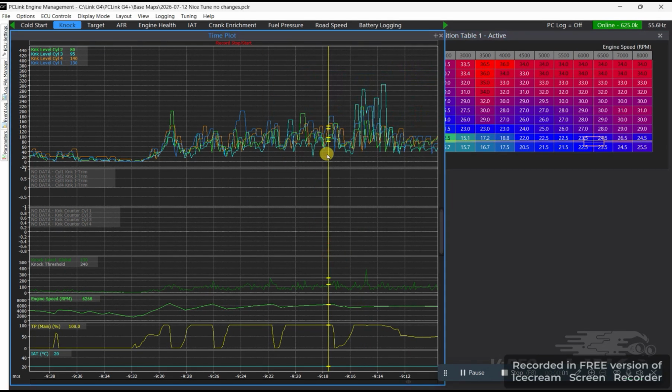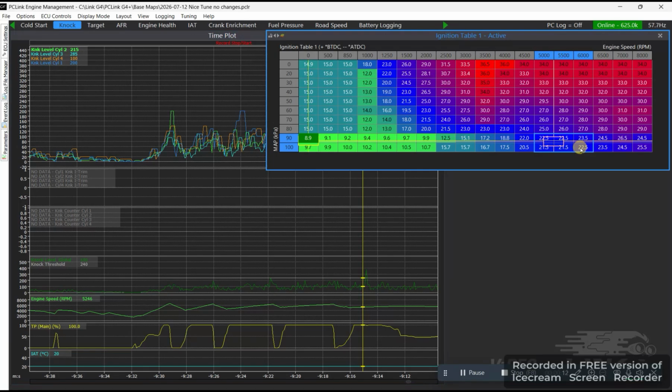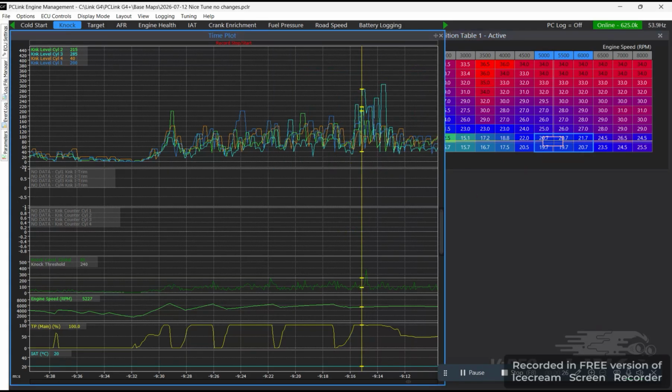If I didn't like what I saw, I'd come to the knock events, I'd highlight the ignition timing in that area, and see right now it's sitting at 21.5 through to 23. I would push the A key and I'd pull out maybe 2 degrees of timing, and I'd go for another drive and see if I've actually reduced the knock.